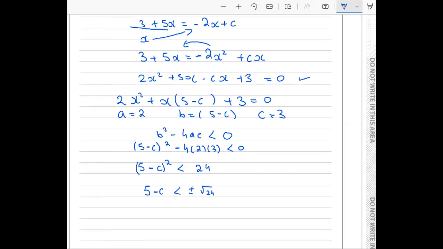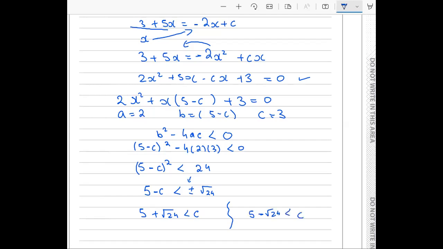You are right and wrong. Your concept is right, but look. Let's continue with this. This way I am getting 5 plus under root 24 less than c, and I am getting 5 minus under root 24 less than c.